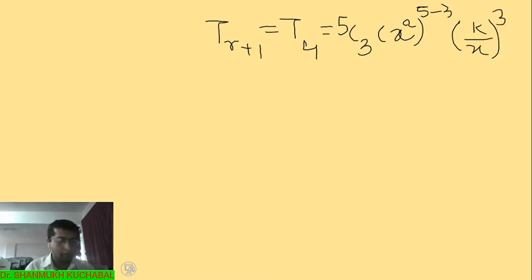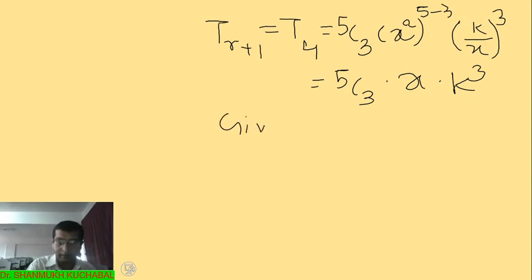Further, we have to simplify 5C3, next x into k raised to 3. It is given that 5C3 times k cube is 270.